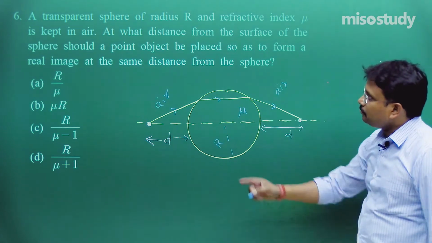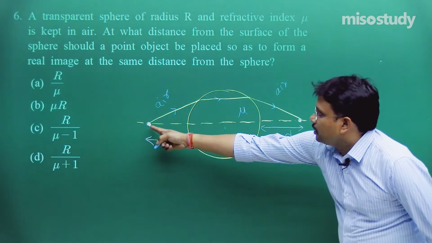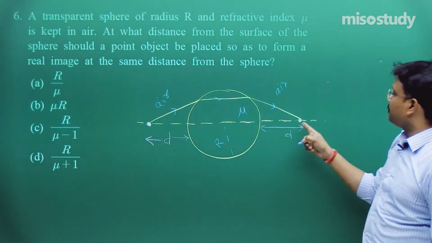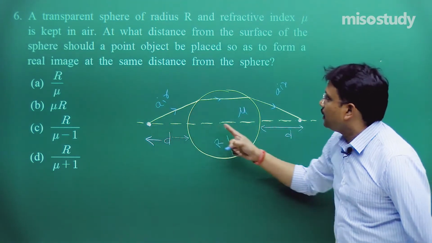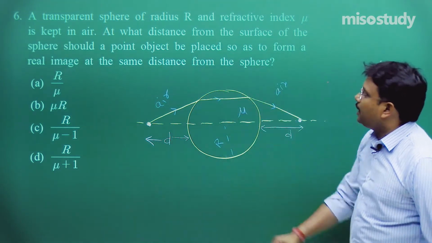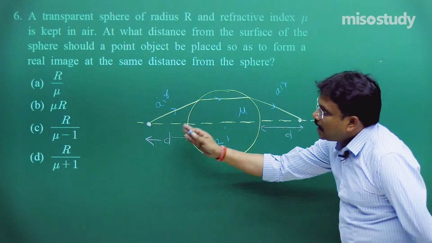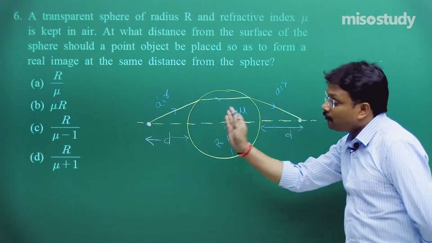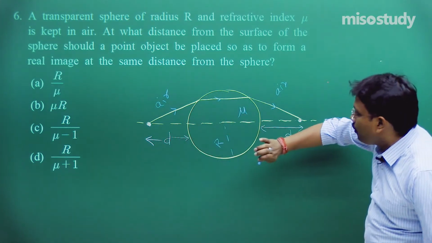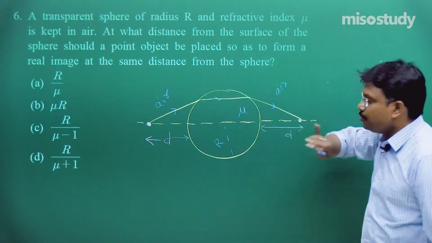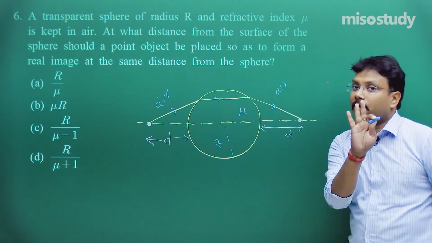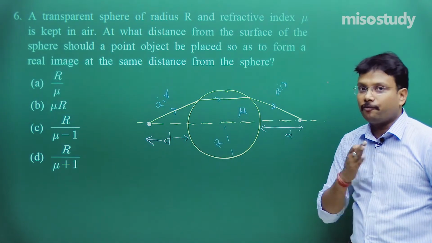This is the point object and this is the image, at equal distance. Now we have to find this value d in terms of R and mu, because only two parameters are given to us. D is something which we assumed from our side.